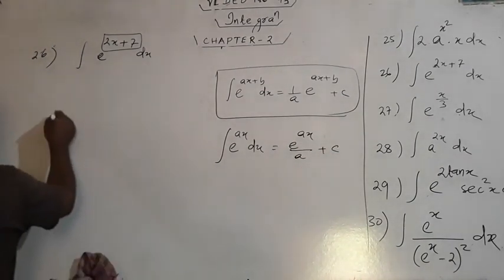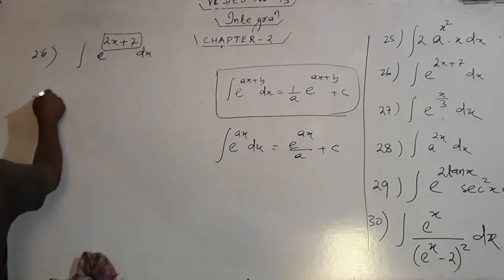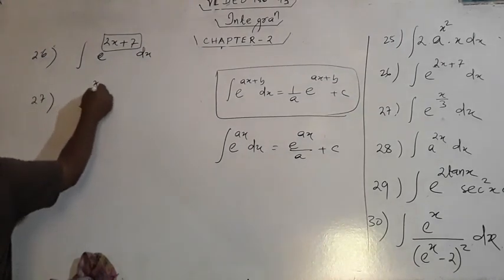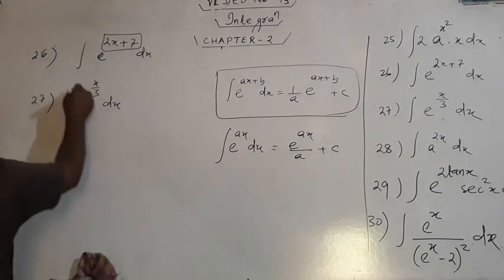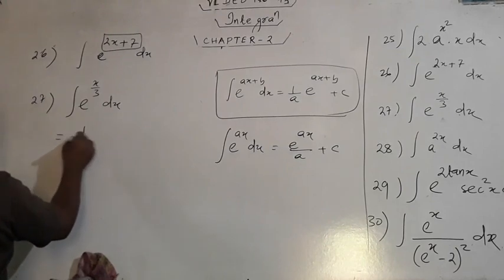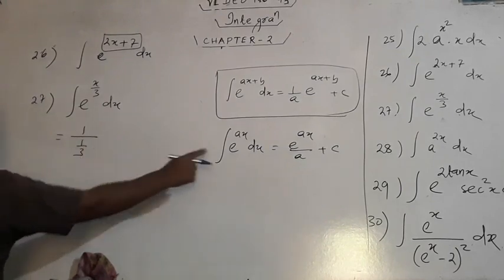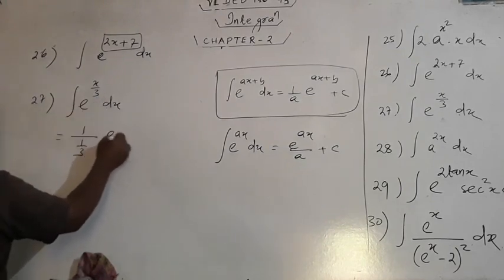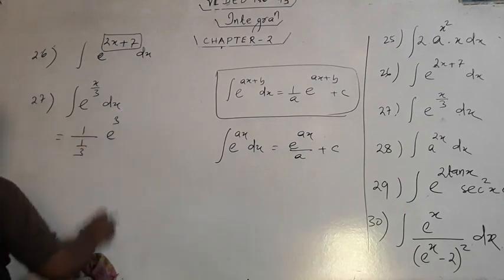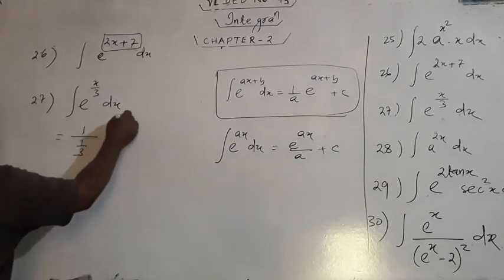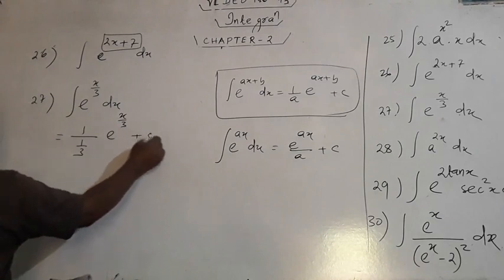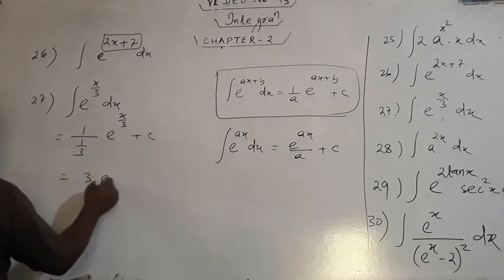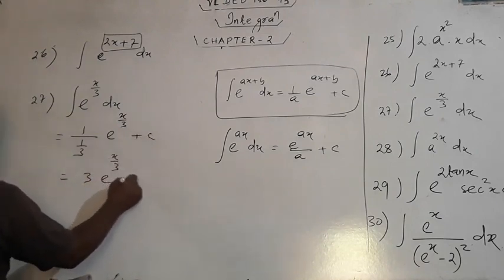So, number 27, integration of e to the power x by 3 dx. It becomes what? It becomes 1 by 1 by 3, because a is here 1 by 3. E to the power x by 3 plus c. It is 3 e to the power x by 3 plus c.